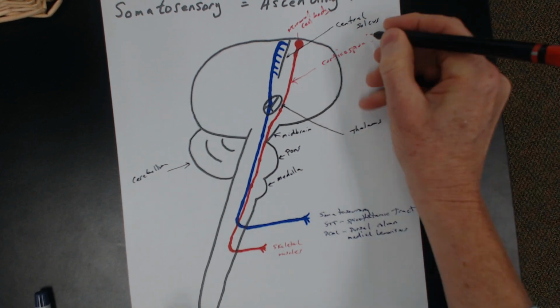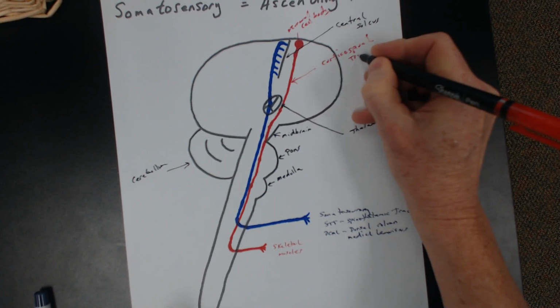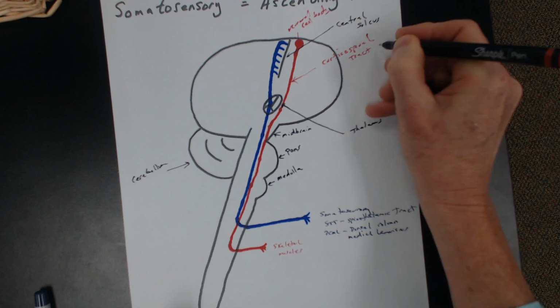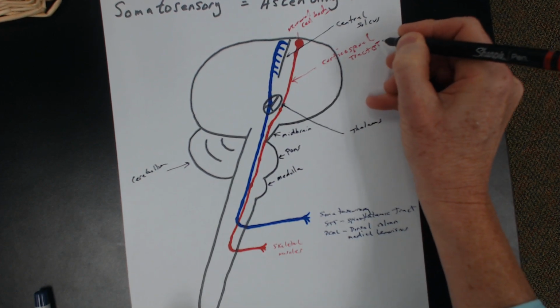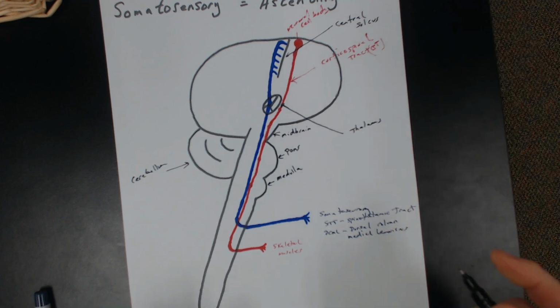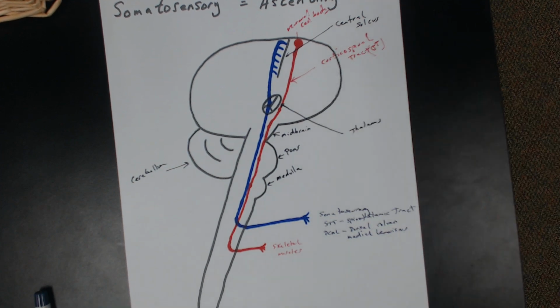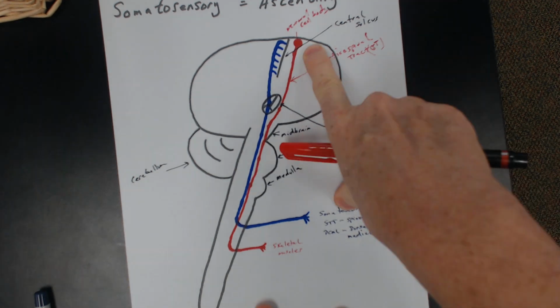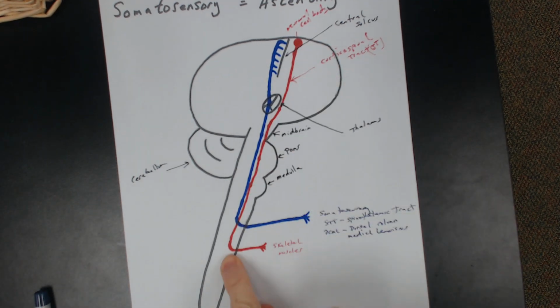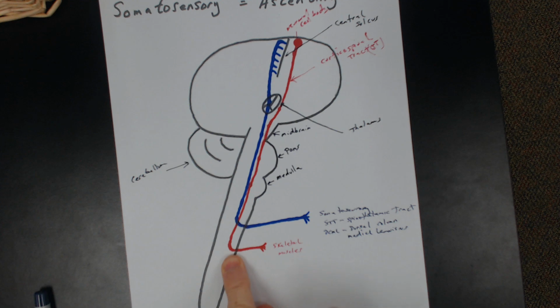Okay, corticospinal tract, we can abbreviate that CST. All of the axons in this tract have a common origin, and that would be the cortical region for cortico, and their area of termination is going to be in the spinal cord. So that's the corticospinal tract.